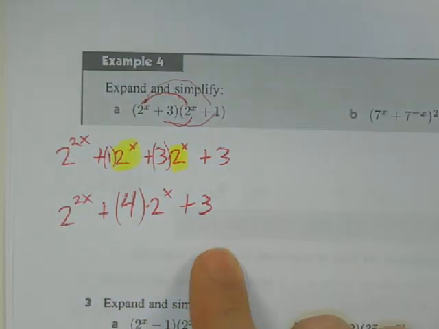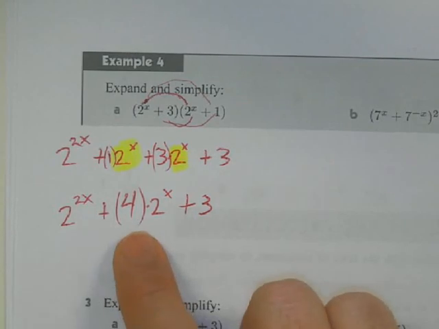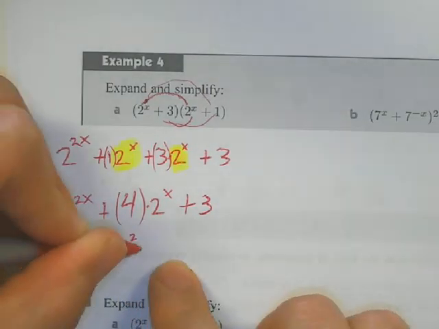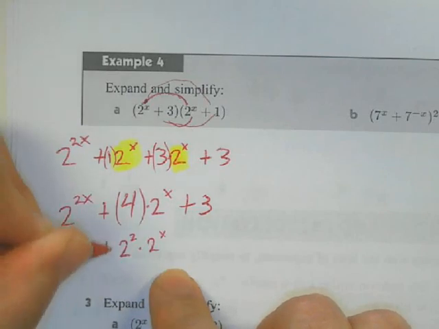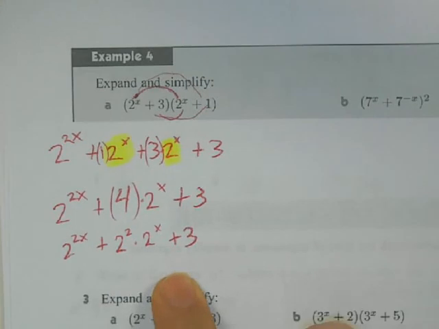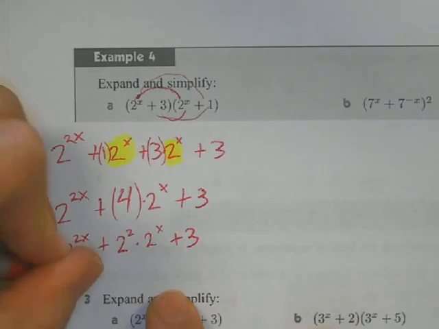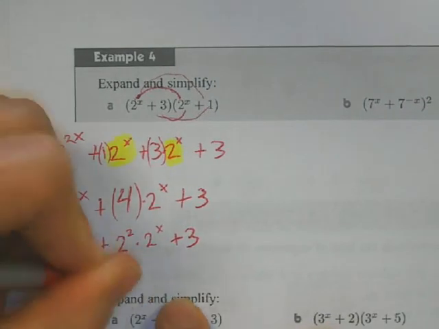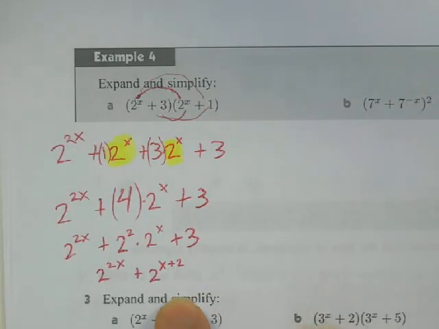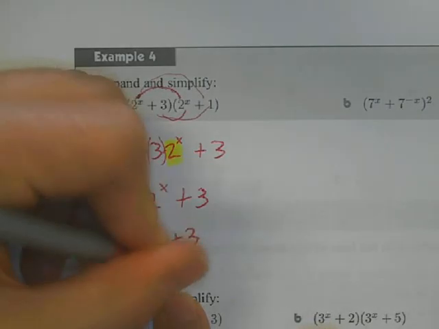Okay. And then 4 can be written as 2 squared, right? So I can simplify this as 2 to the 2x plus 2 to the x plus 2, and plus 3.